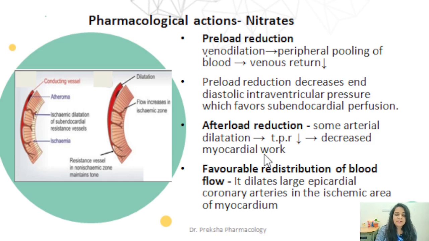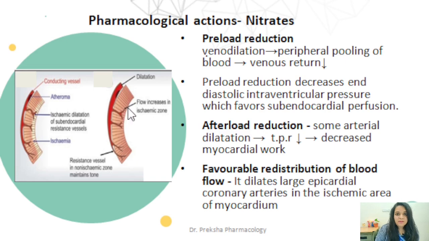Apart from decreasing the preload and afterload, nitrates also cause favorable redistribution of the blood flow. So they dilate the larger epicardial coronary arteries in the ischemic areas of the myocardium. You can see here that there is an ischemic dilatation of the subendocardial resistance vessels.